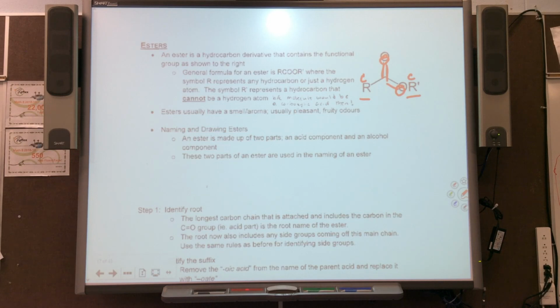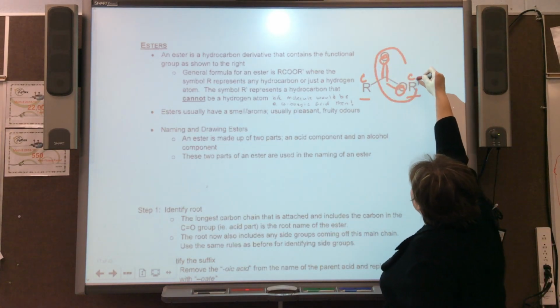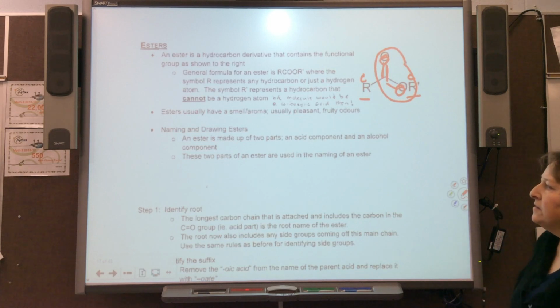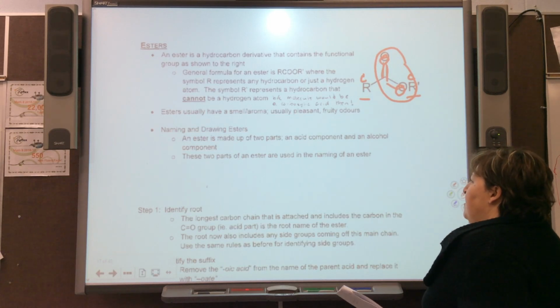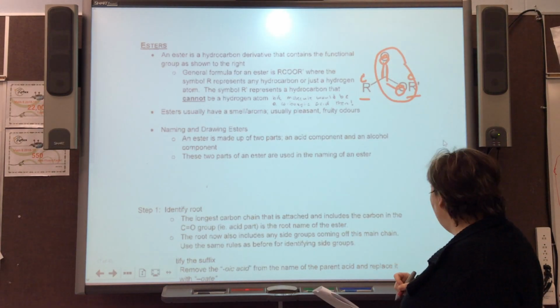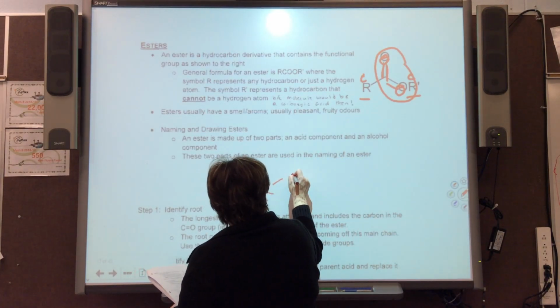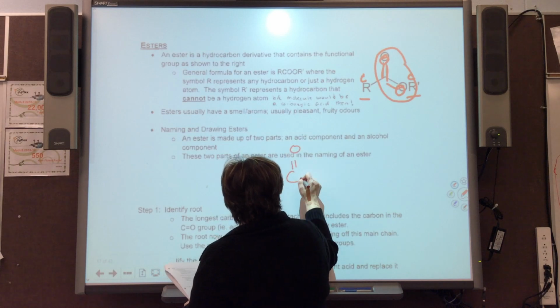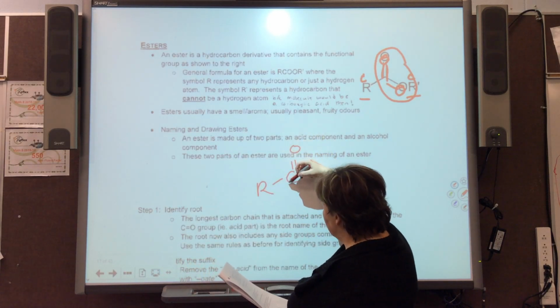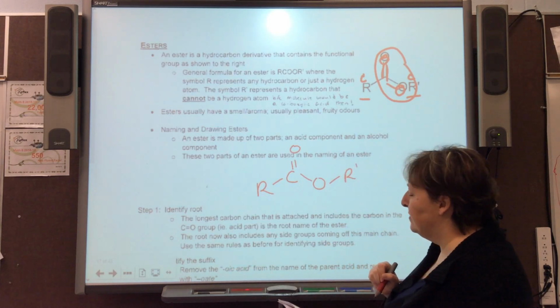And so you have to have this carboxyl starting point. Okay? So an ester is made up of two parts, an acid and an alcohol. And then we use it to name our esters. So R going up to a carbon group. This is the beginning of our carboxyl group, only now we're going to another carbon or another functional group.